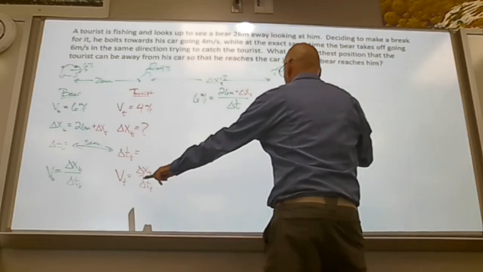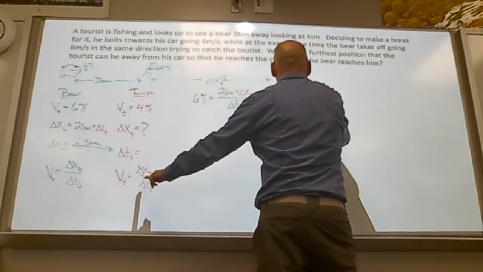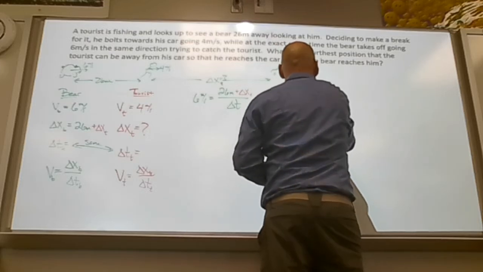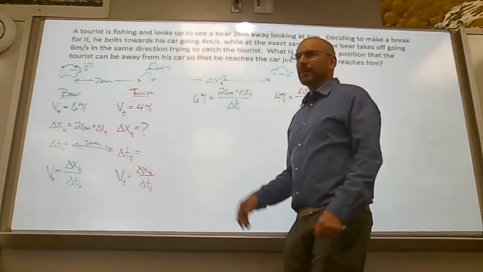And then I have an equation for the tourist, 4 meters per second is equal to displacement of the tourist over a time. How many unknowns do I have? I have 2. How many equations do I need to solve for 2 unknowns? 2. Guess what? 1, 2. Boom.